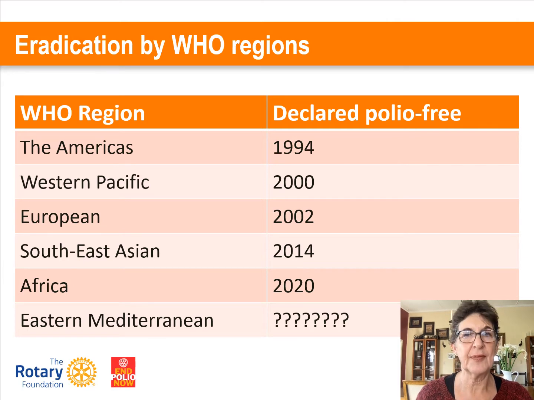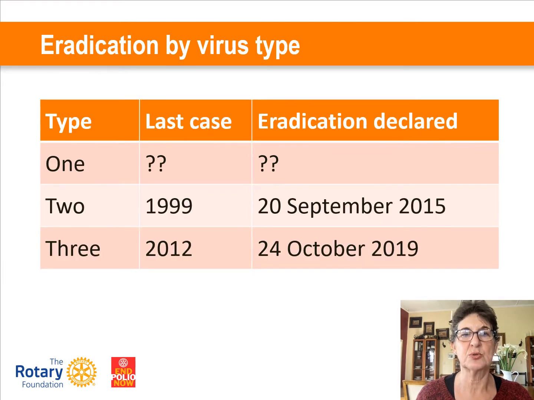And then looking at those 3 virus types that I talked about before, type 2 was declared eradicated in 2015 and type 3 in October 2019. So we're only dealing with wild polio virus 1 of the polio viruses.